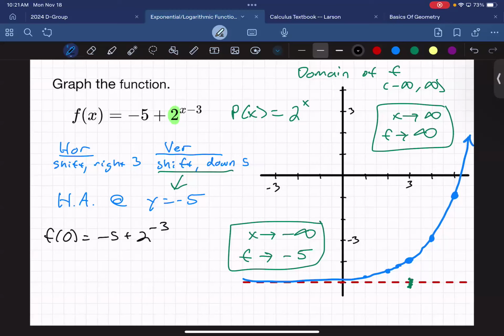Well, 2 cubed is 8, right? So it's negative 5 plus 1/8, which gives us negative 4 7/8. So it's a pretty small number, pretty close to negative 5. Understand again that is what we see here. It's not quite negative 5, but it's pretty close.